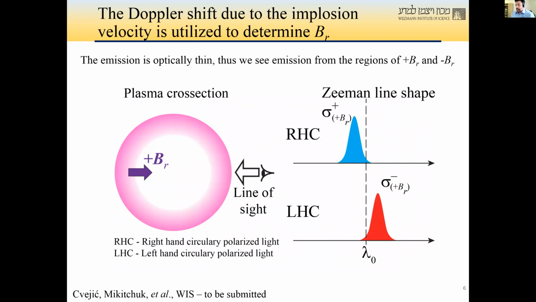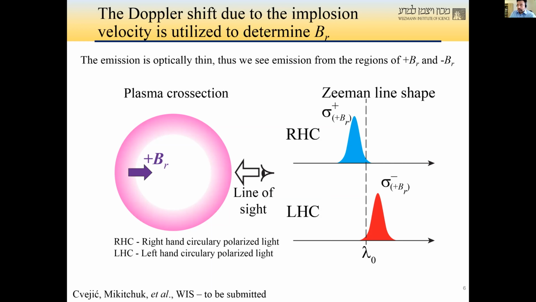So, for the line of sight that goes through the plasma center, parallel to plus BR, we observe sigma plus and sigma minus Zeeman components in RHC and LHC channels respectively from one side of the plasma channel. So basically, this is the same as the idea behind B theta measurements.